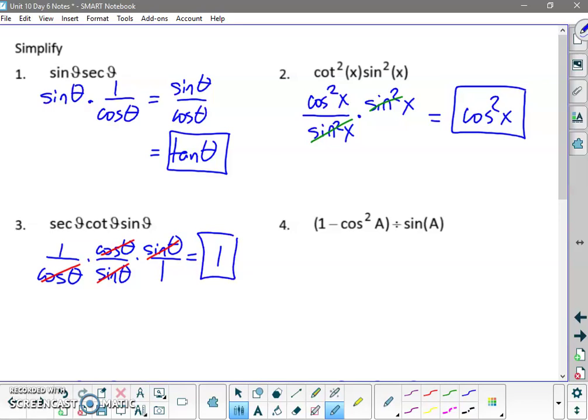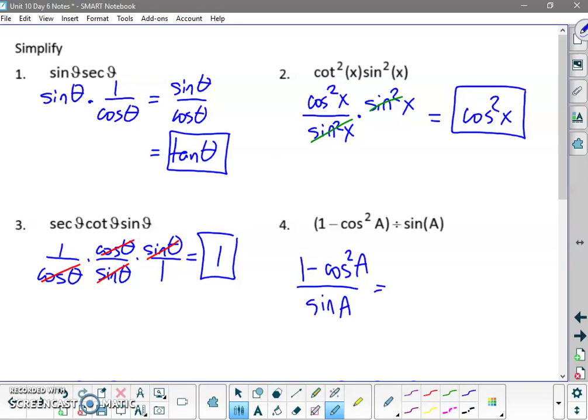All right, my next one here, they give us the division symbol. I prefer to write these as fractions. So we're going to have 1 minus cosine squared a over sine a. Now, for the first time today, we're going to use a Pythagorean identity. You should remember that sine squared plus cosine squared equals 1.